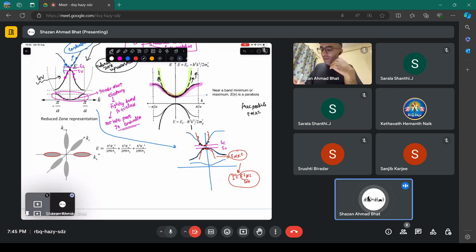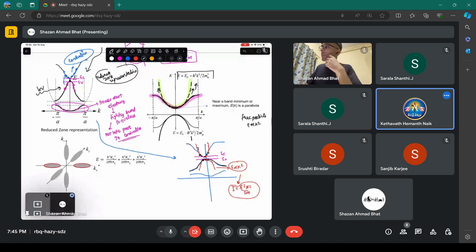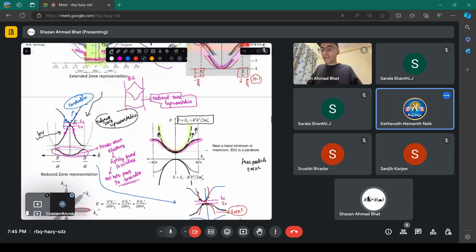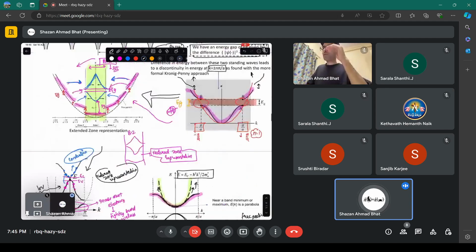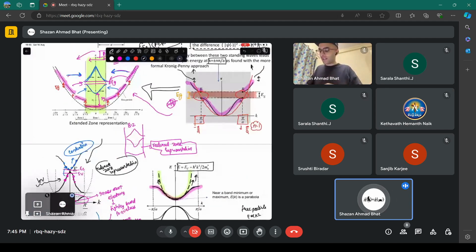So, sir, as you say, when you fold all the states, you will get only two bands, or above that also you will be having some bands? Yeah, there are many bands above. As you go higher and higher, there are many bands.